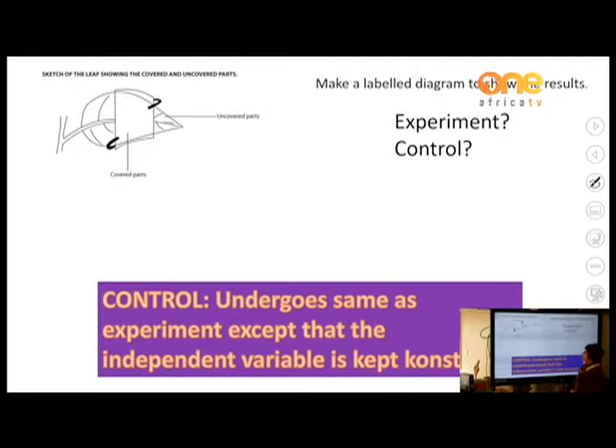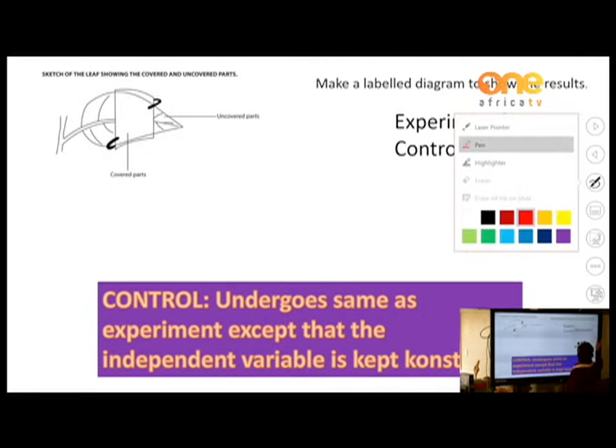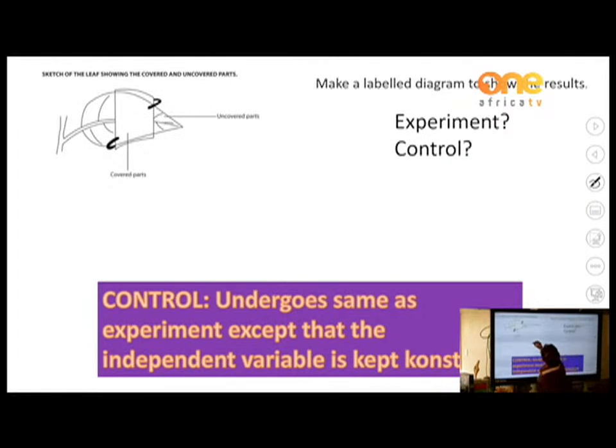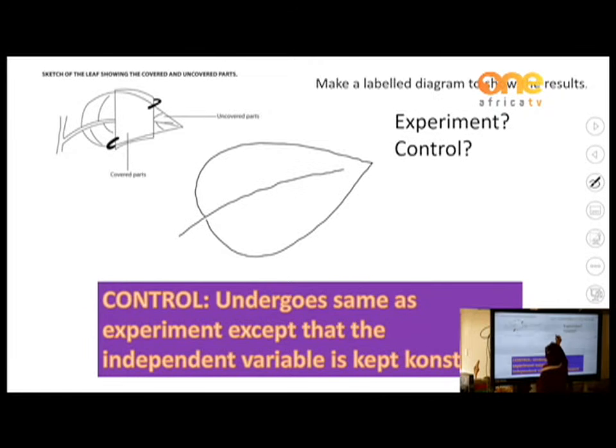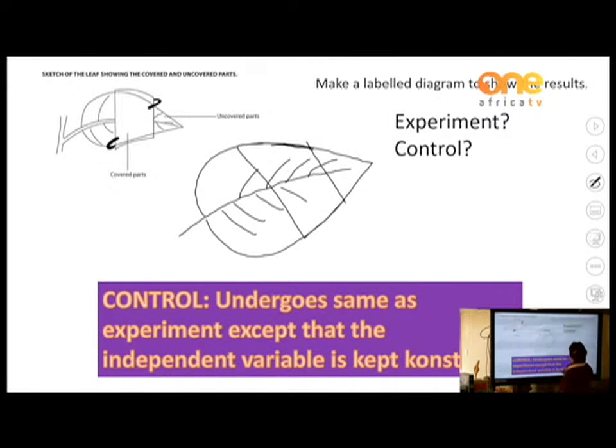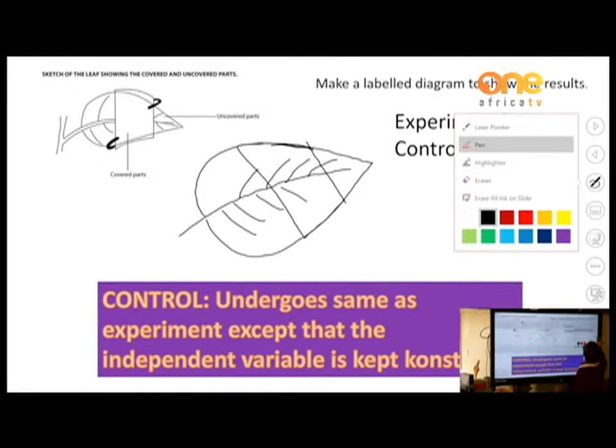It is so important that when you do this drawing, your drawing looks exactly the same as the drawing that they gave you. Okay? So I will make sure that the part that is covered is also the part that I have covered there. Now I will have to add labels.